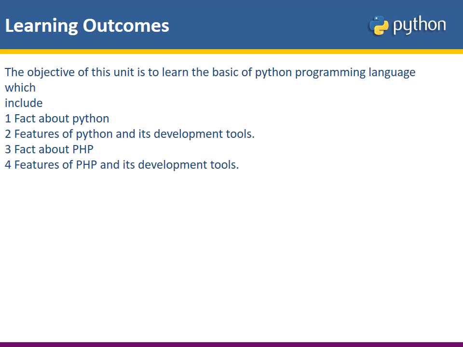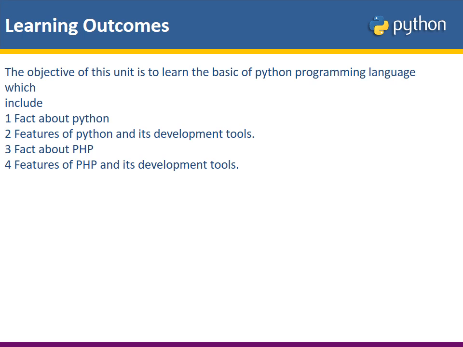So now we'll be looking at facts about Python, what we need to know about Python, and the features of Python and its developmental tools, so the working environment. The same way as we look into the Python programming, the facts about it, we'll be looking into the facts about PHP as well, and the features of PHP.